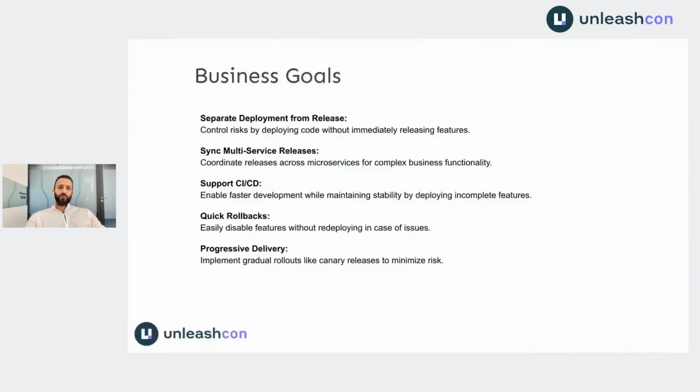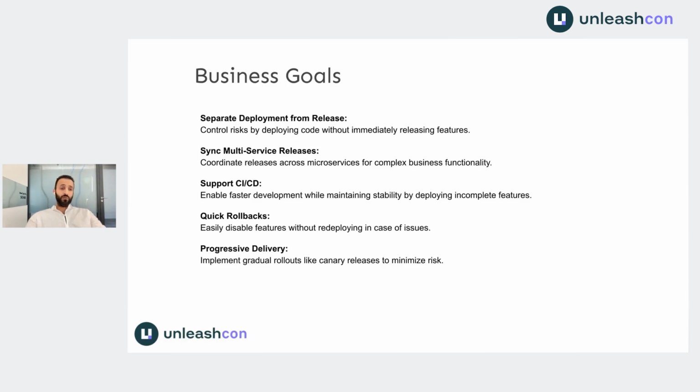At the beginning, let's talk a little bit about our business goals. The main business goal in our use case is to separate the deployment from the release. To control the risk, we need to deploy the code without immediately releasing the feature. Also, we need to coordinate releases across microservices for very complex business functionalities.